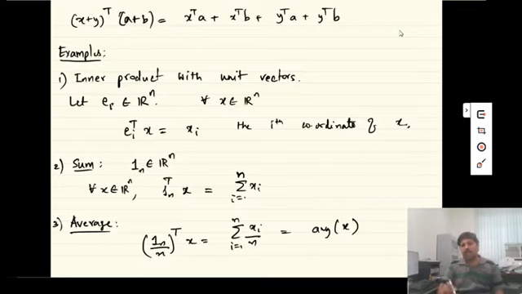This average is a little different from the average we looked at last time, the linear combination average. There we were looking at the average or mean of the vectors. But here we are looking at the average of the entries of the vector. This is the formula, and that average can be obtained as an inner product.